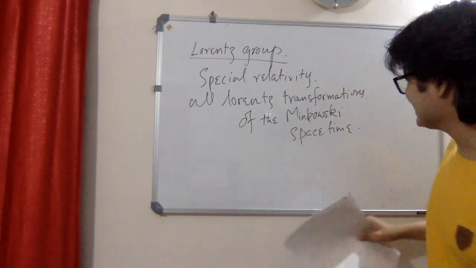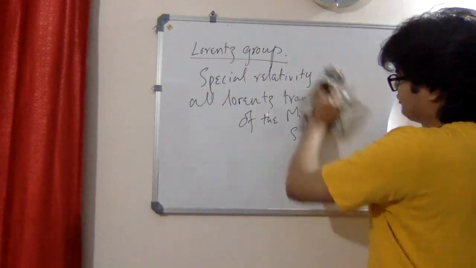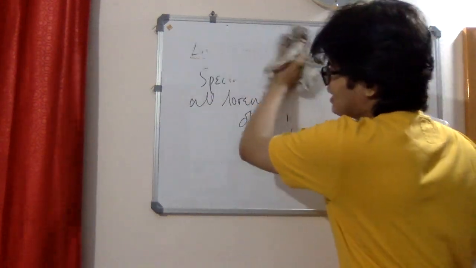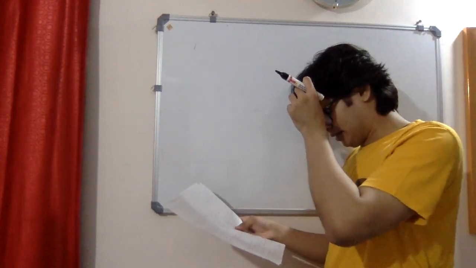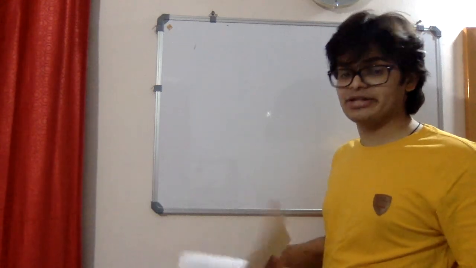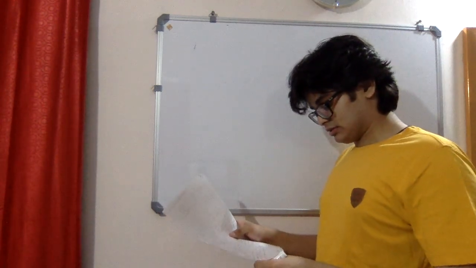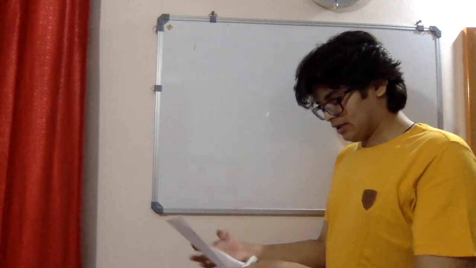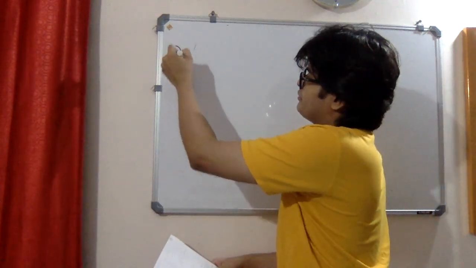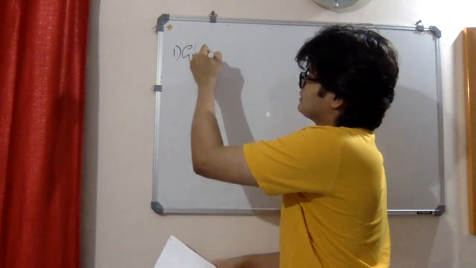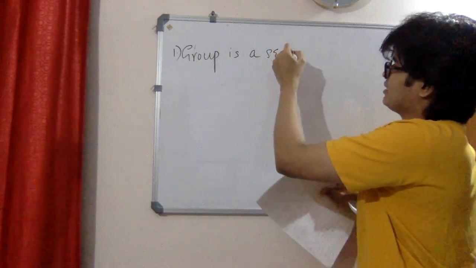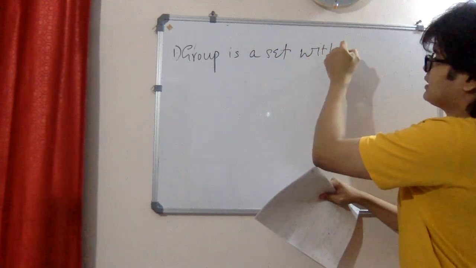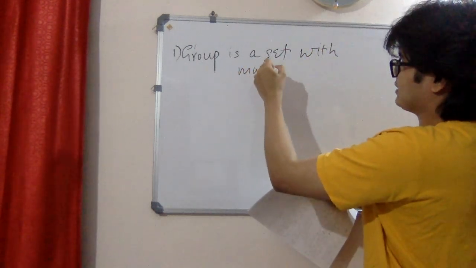Now, saying that a group is a set of all symmetries, we can formulate some axioms based on the properties the symmetries have. Now, first of all, we can say a group is a set with multiplication.